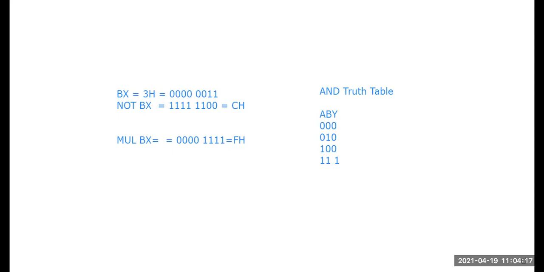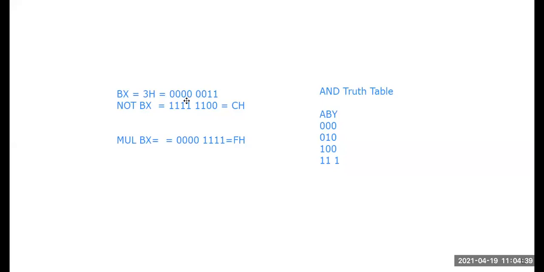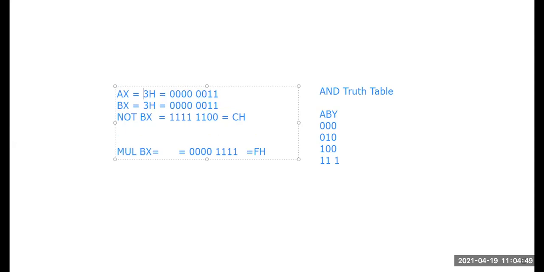And how you will calculate this, again I'm saying, you have to calculate in a similar way.